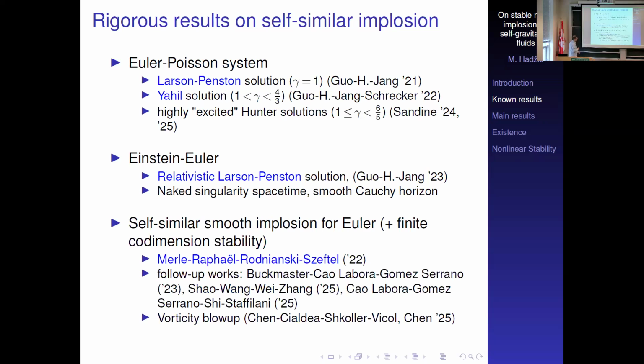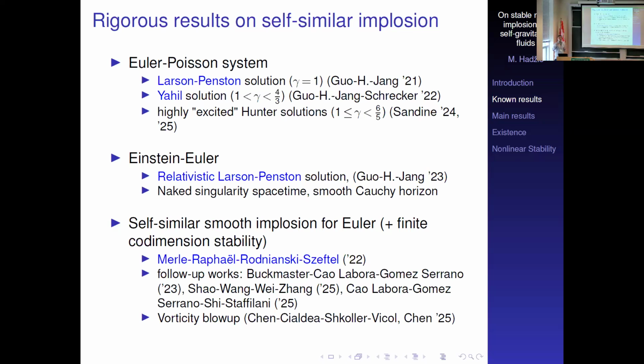If you just focus on smooth implosion for Euler, then a lot of work has been done in recent years, triggered by the breakthrough result of Merle, Raphael, Rodnianski, and Szeftel from 2019. That's when it appeared on the arXiv, which led to a number of follow-up works. What they prove is the existence of smooth implosion profiles in the sense that I explained for just Euler.